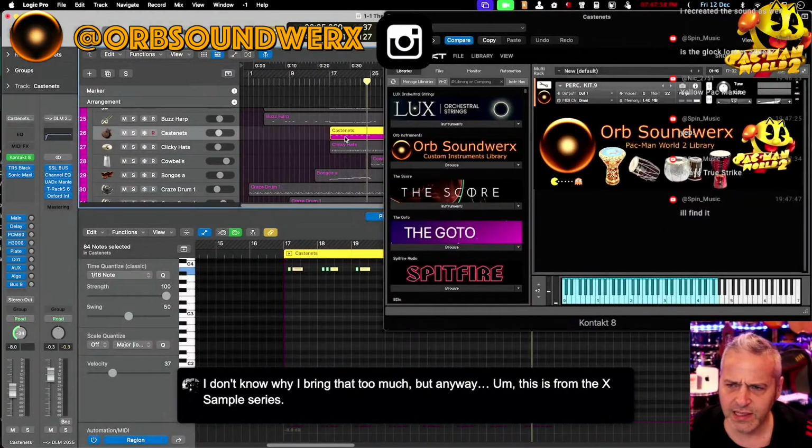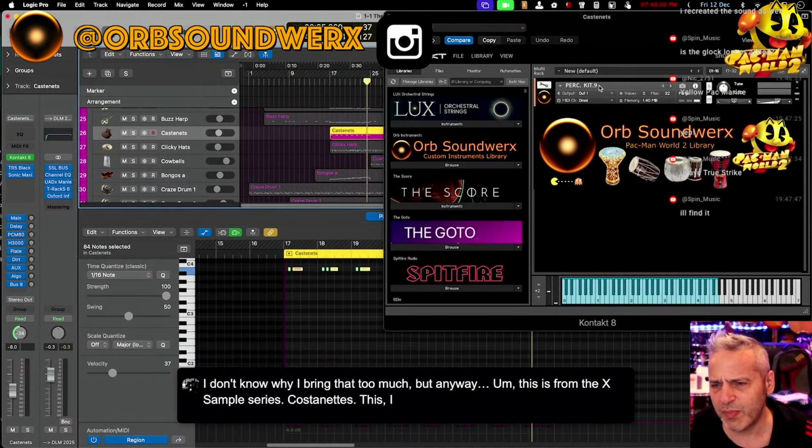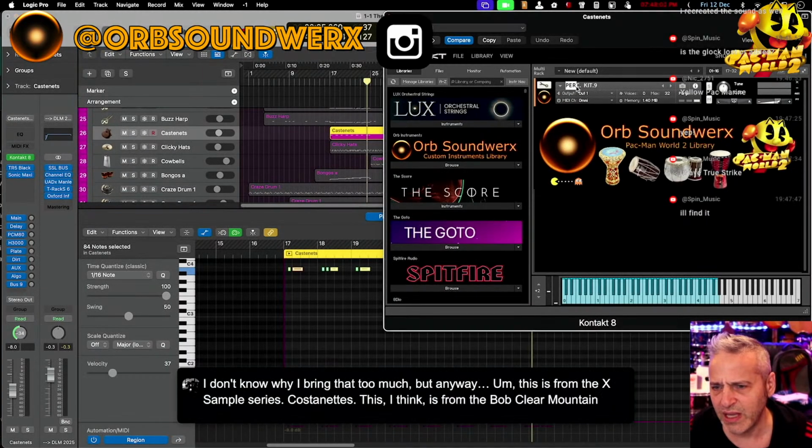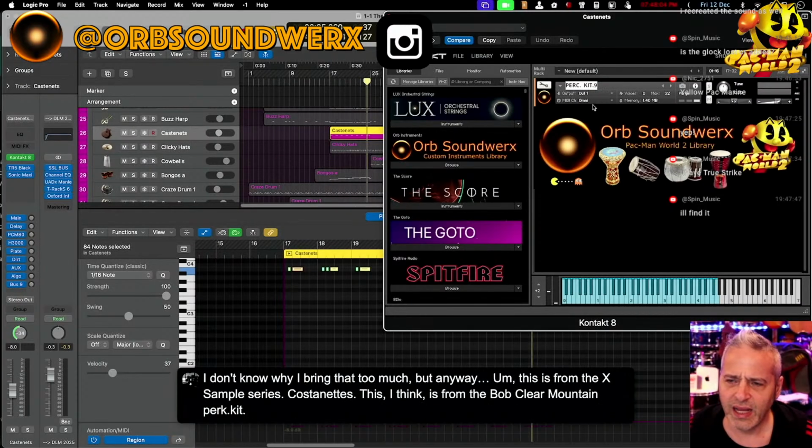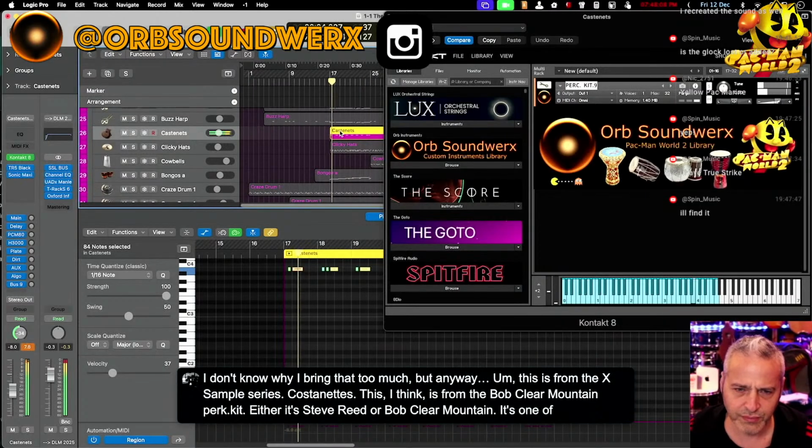The castanets, I think, are from the Bob Clearmountain kit. Anytime you see perk kit, it's either Steve Reed or Bob Clearmountain. It's one of the two.